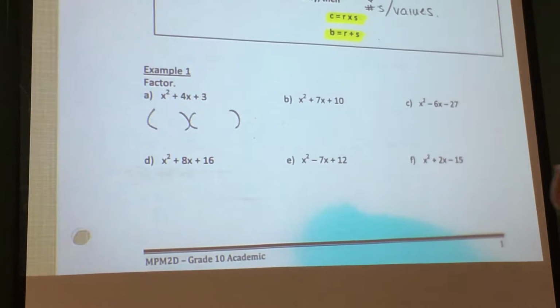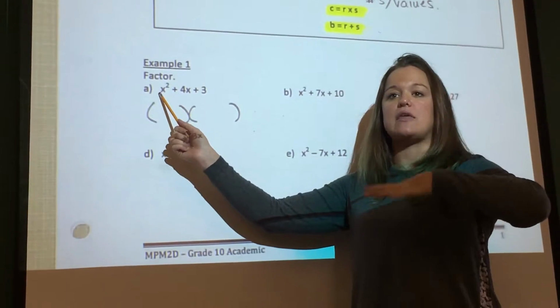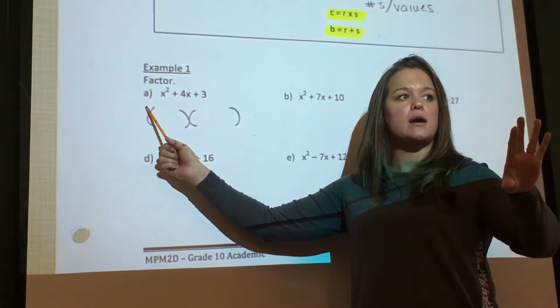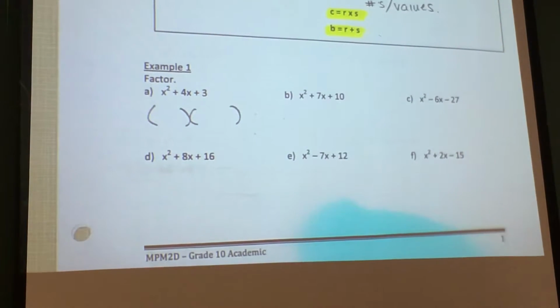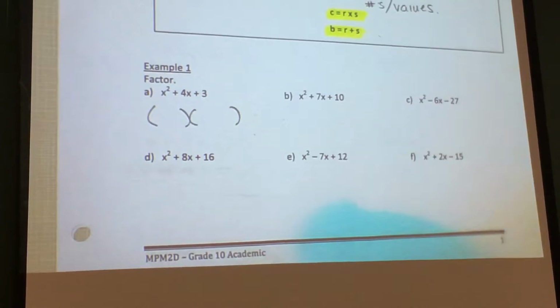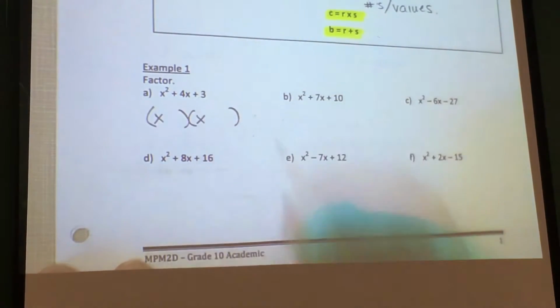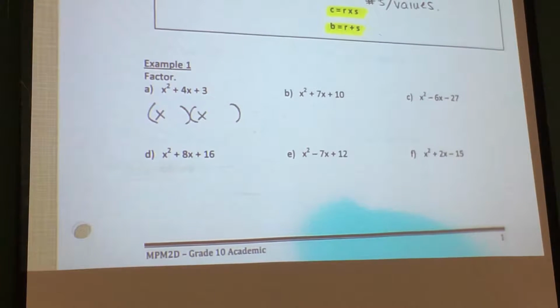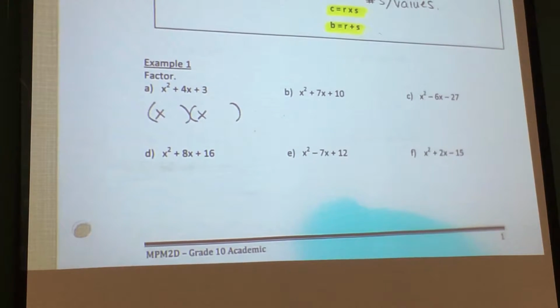If you have x squared, which is what we're working with today, there's no number in front of x squared, there's no coefficient other than 1. Okay, we just have x squared. It's very simple because we just put an x in each set of brackets. Okay, we take those two x's and we put 1 in each bracket.